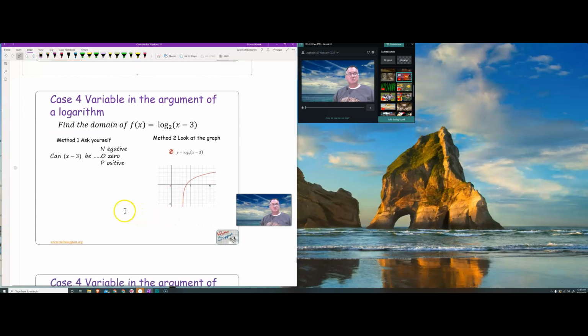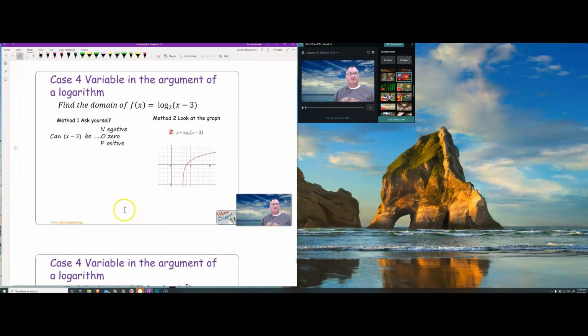All right, the last one is the argument of a logarithm. Now, depending on how well you remember logarithms, this might be a little new for you. So what a logarithm is, guys, it's just an exponent. So when we have logarithms, let's say I'll make a simple one here.